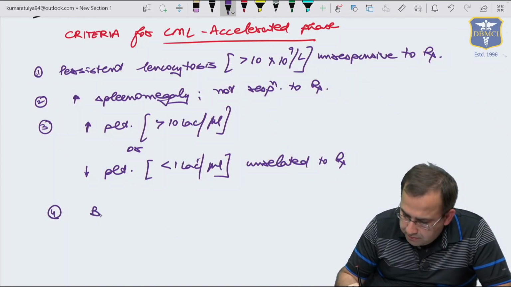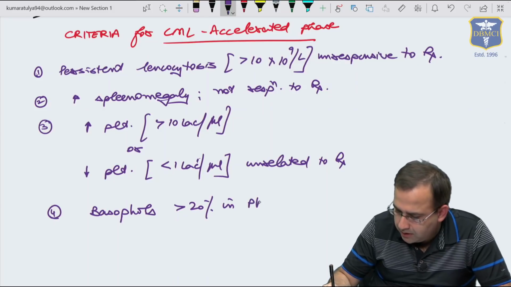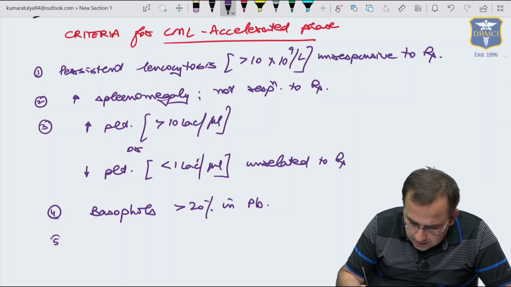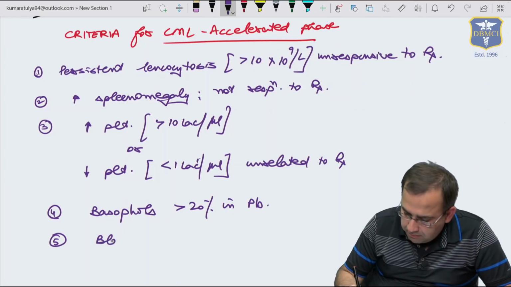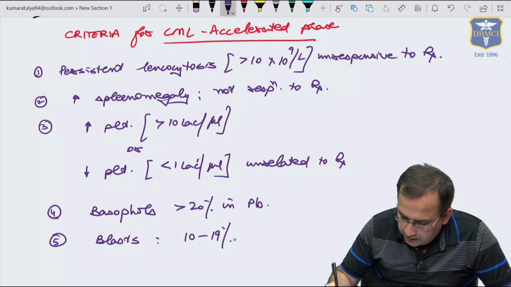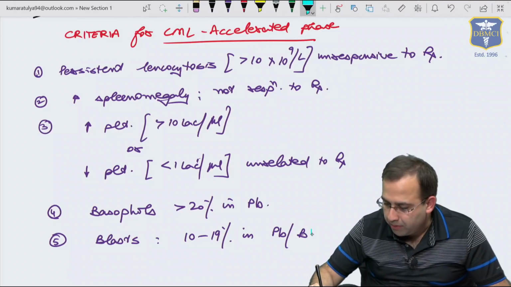Next is basophils, more than 20% in peripheral blood. Next is blasts, 10 to 19% in peripheral blood or bone marrow.